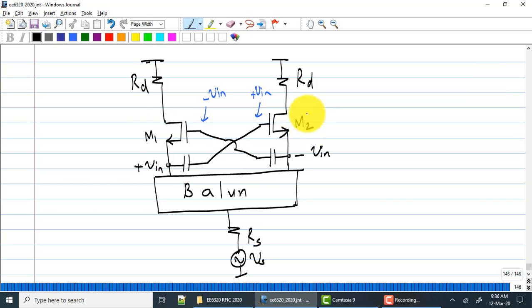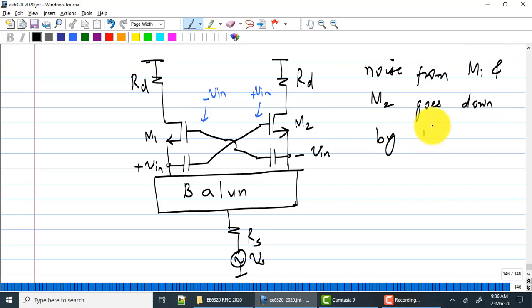Now the problem with capacitive coupling is that you cannot get gain more than 1. With a transformer, you could have got a turns ratio. In the case of a capacitor, the maximum gain you can get is 1. This already assumes that I have relatively large capacitors. I am showing this as infinity, but they are expected to be much larger than the CG, the input capacitance of the transistors.